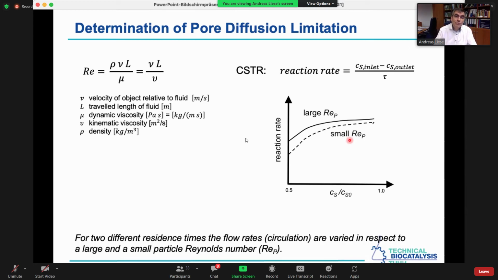The higher the Reynolds number, the higher the turbulence in the system. The smaller the Reynolds number, the smaller the turbulence, and depending on our system setup, we can differentiate here.